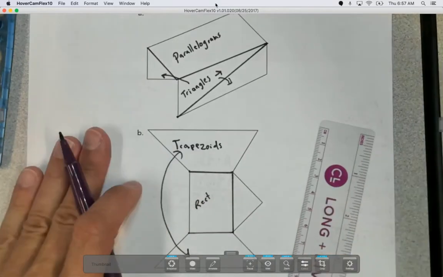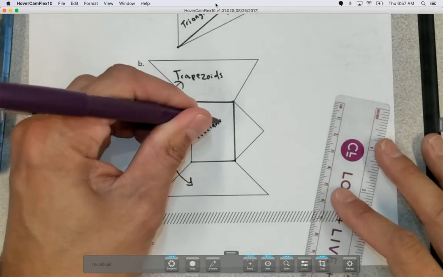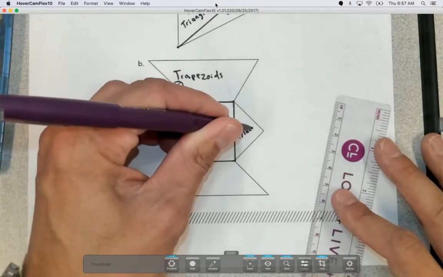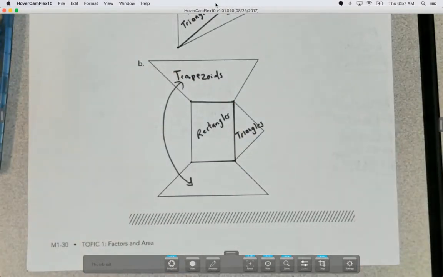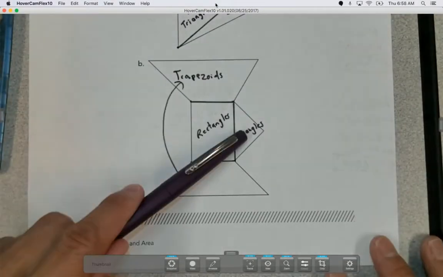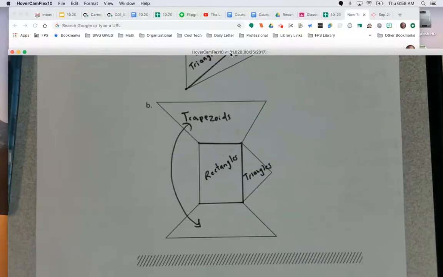As long as we are breaking these oddly shaped things into things that we do know how to find the area of, we would be able to find the area of the parts and then add it together. And so that's the idea behind composite figures, which we've talked about.